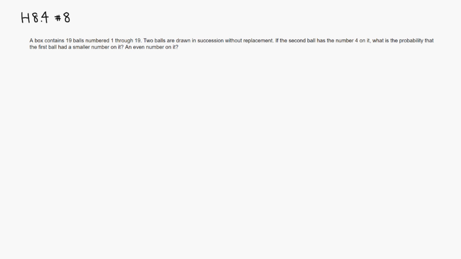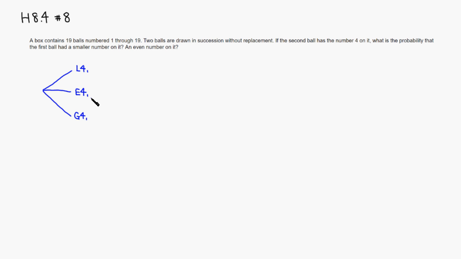Alright, so let's do this one. First part, I'm going to do the tree diagram. There are 3 possibilities for the first draw: less than 4, which I'll call L4, equal to 4, E4, and greater than 4, G4. Put a 1 there because it's the first draw.